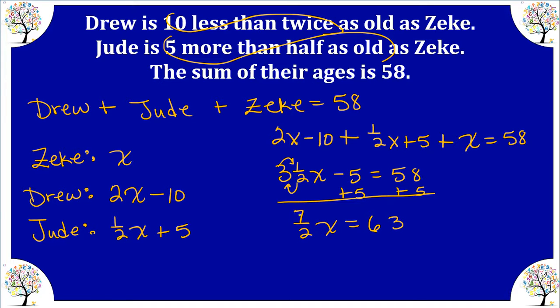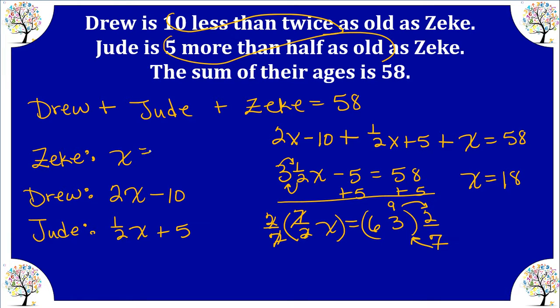Now we need to get this fraction and convert it to 1x, so we're going to multiply by the reciprocal. The 7's cancel, the 2's cancel, and I'm left with x equal. Here's our little trick: the denominator can divide into the whole number. 7 into 63 is 9, and then 9 times 2 is 18.